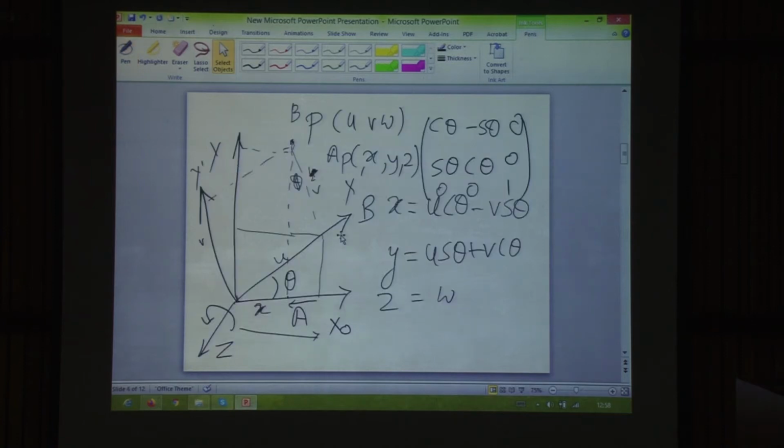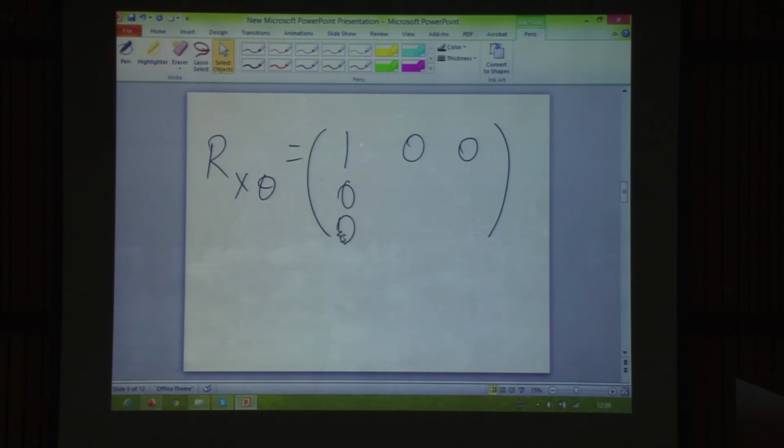Because with rotation about z, the z entry became 1 with 0s around it. Now for rotation about x, this becomes 1, 0, 0, then 0, cos, minus sin, and 0, sin, cos.